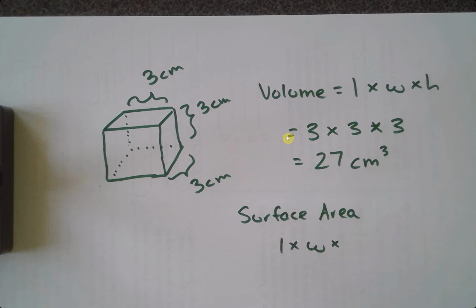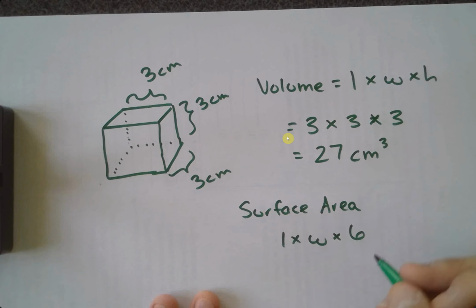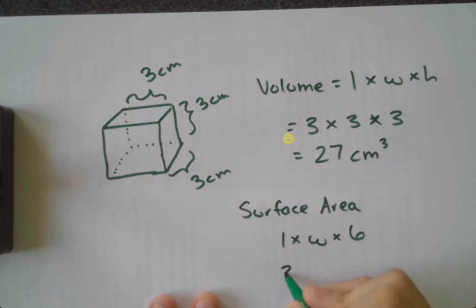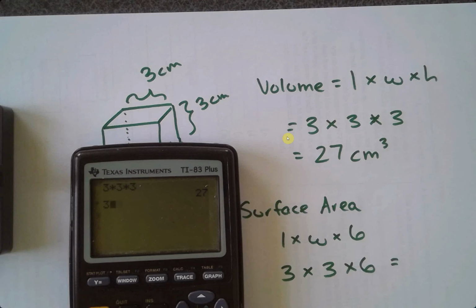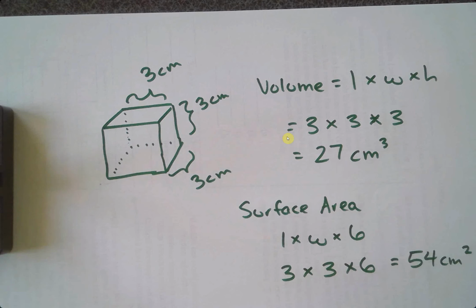So we're multiplying it by 6. In this case, we're doing 3 times 3 times 6. So my surface area in this case is going to be 54, and the units for that is going to be centimeters squared. Cool? Are you all right with that so far?